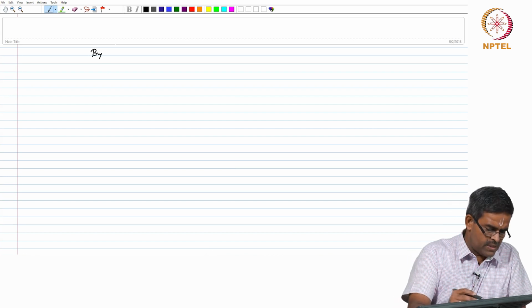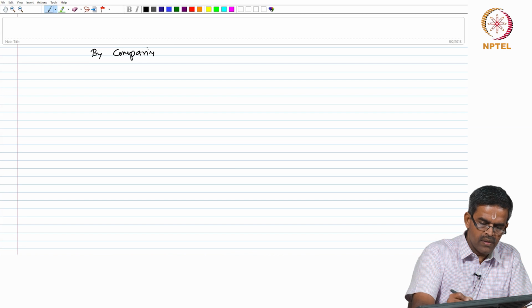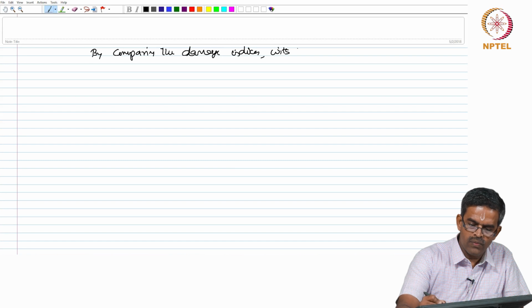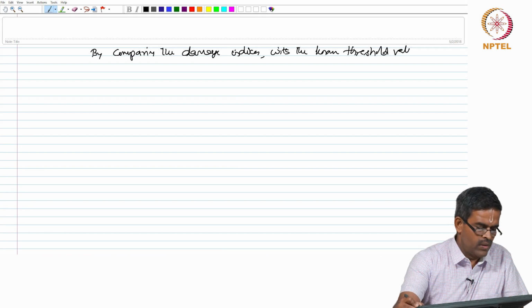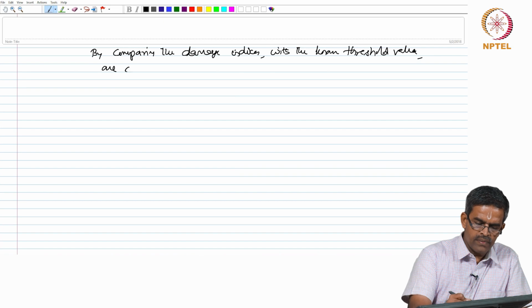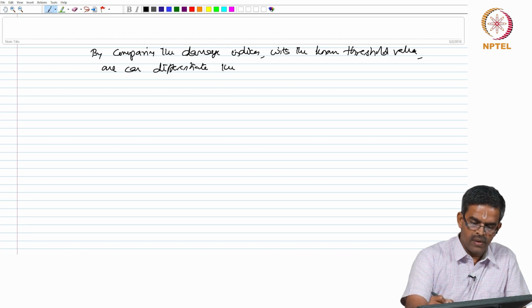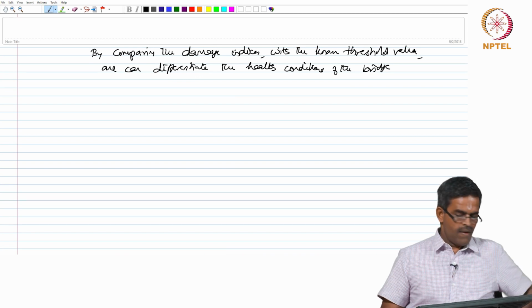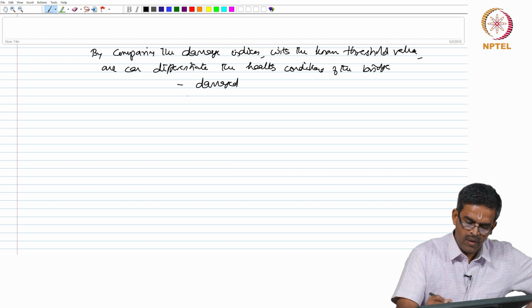By comparing the damage indices with the threshold value, one can differentiate the health conditions of the bridge, whether it is damaged or healthy. One can decide this.